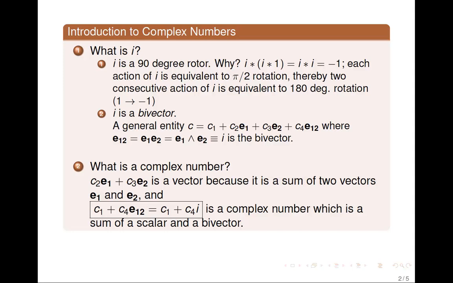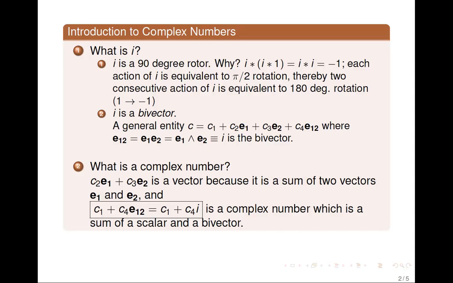The second interpretation of iota is that of a bivector. To see that, let's think about a general entity C in an appropriate two-dimensional Clifford vector space. Now, you don't have to know what is Clifford in this context, but it is some vector space, two-dimensional.